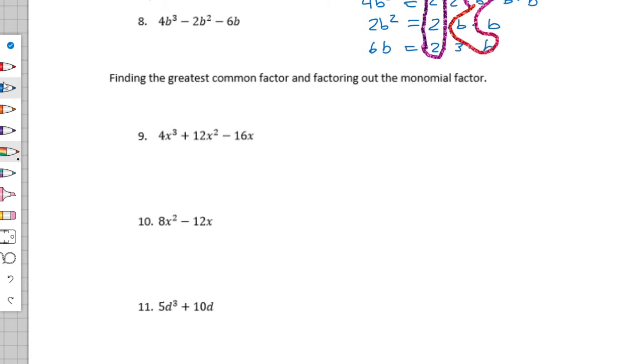So our greatest common factor is going to be 2b. Pull that out, and then I'm going to underline. We have a like, and let's do it so it's just a different color. So we got 2bb, so that's 2b squared.